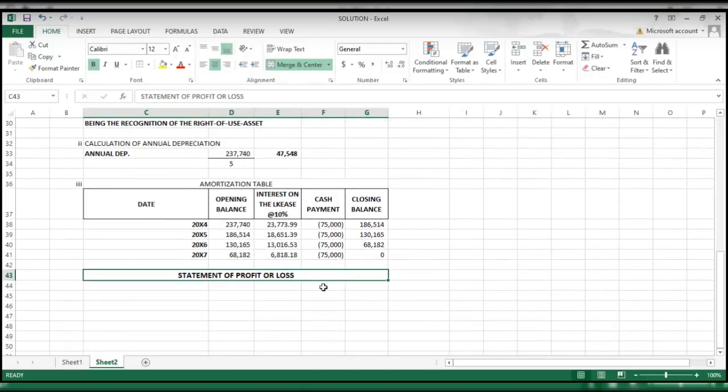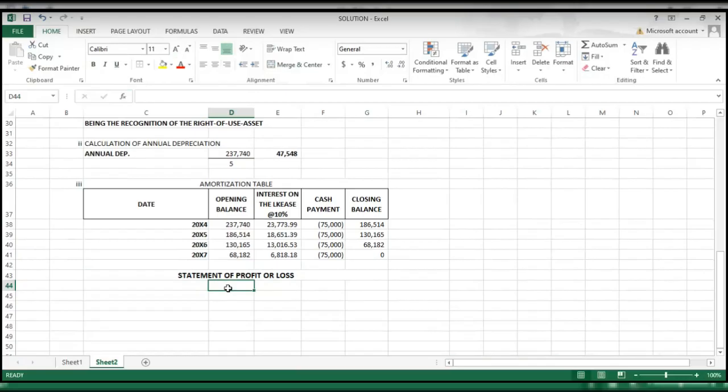So I'm going to have the years put in this place: 20x4, 20x5, 20x6, and 20x7. That is it.